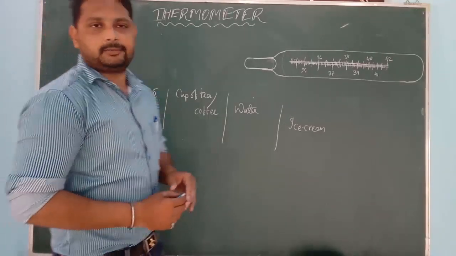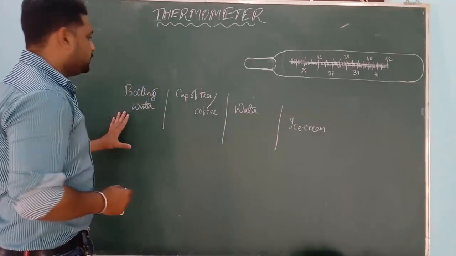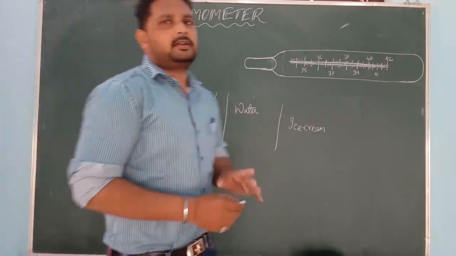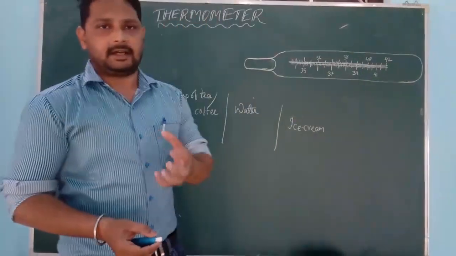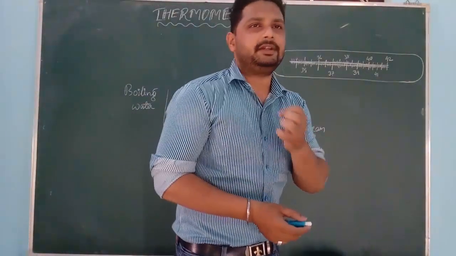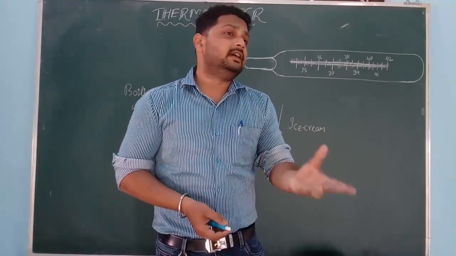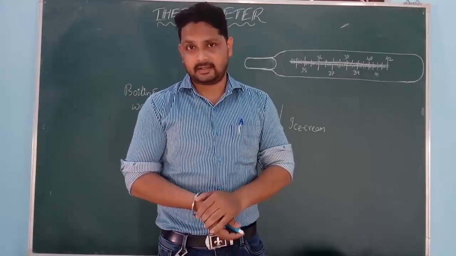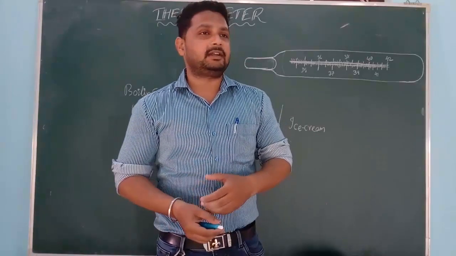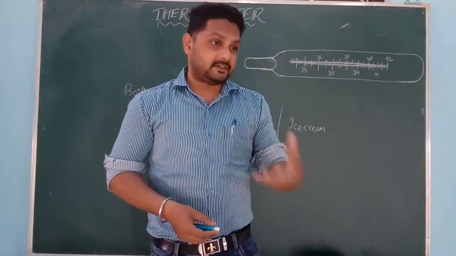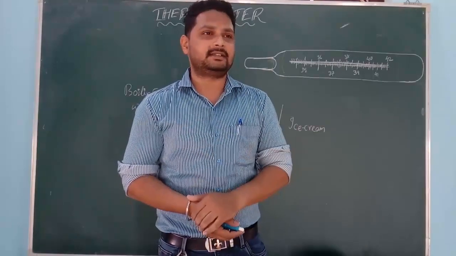As I've said earlier, the normal body temperature is around 37 degrees Celsius, which is 98.6 degrees Fahrenheit. The boiling point of water is 100 degrees Celsius. The freezing point of water is 0 degrees Celsius.